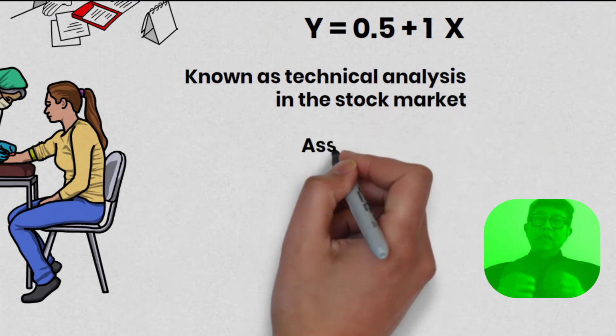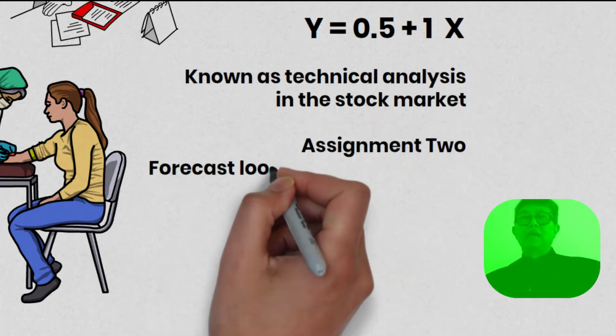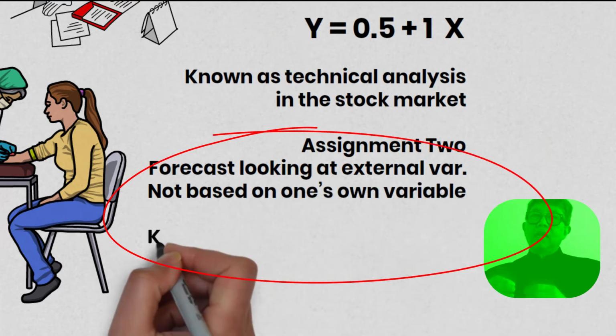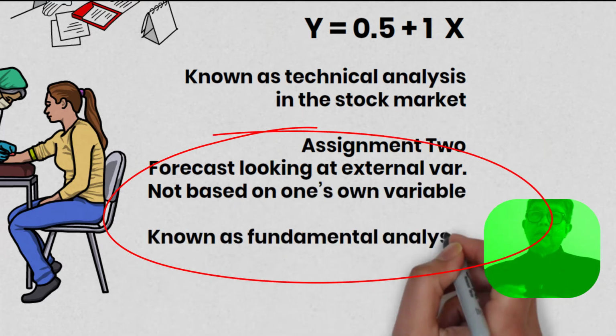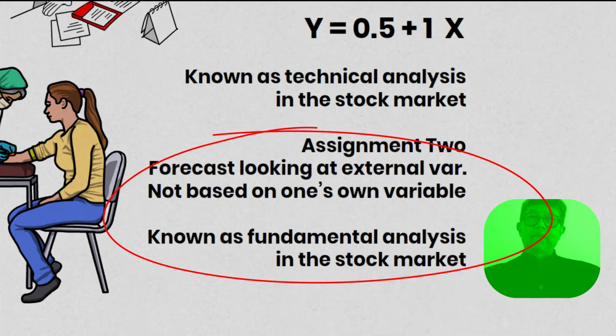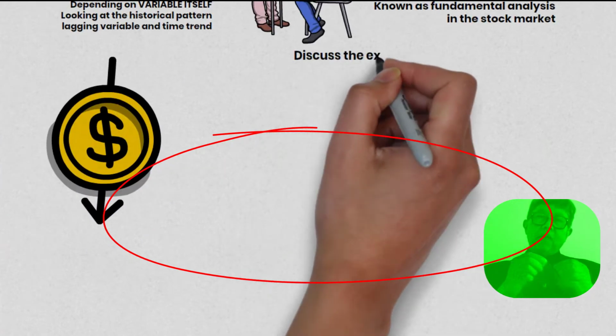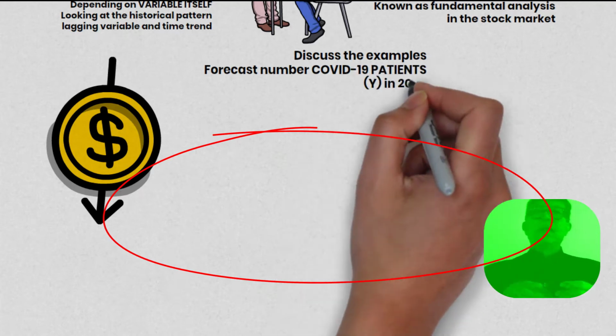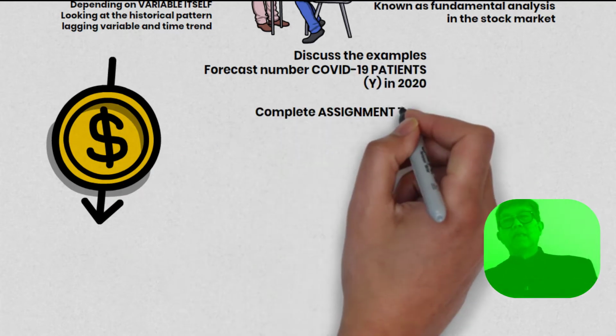A variable is a function of external variables, other variables, not a variable by itself. So the variable as a function of external variables can be economic or environmental.